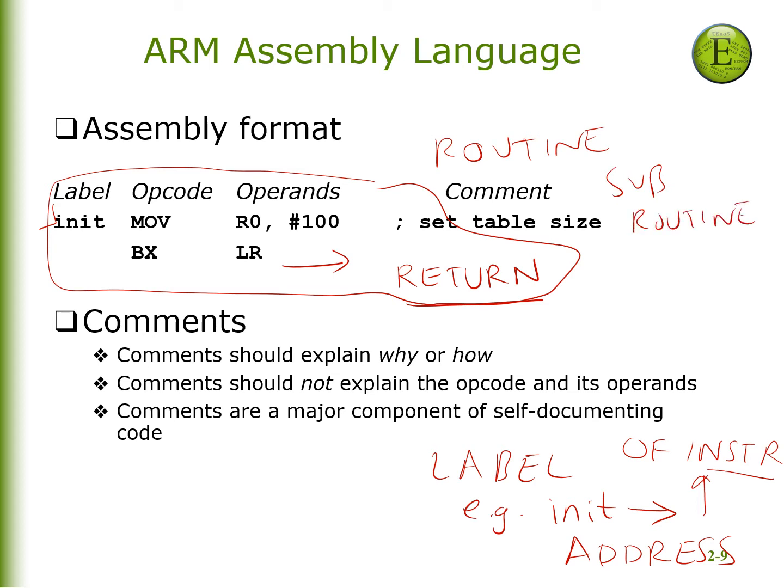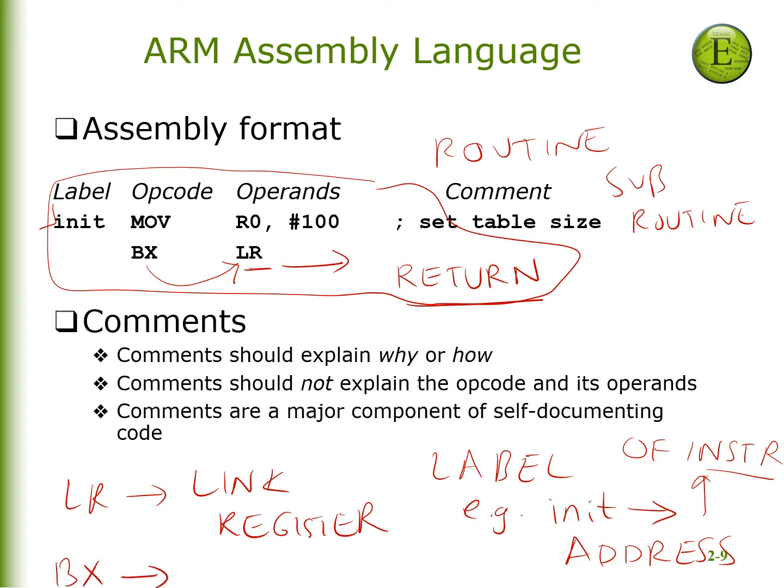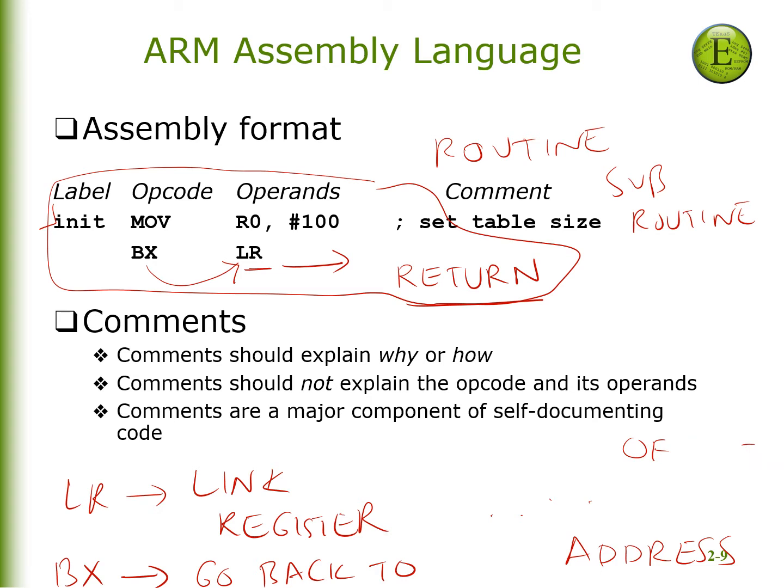BX means branch to go back to the address specified by the link register. So LR is the link register, and BX says go back to the address contained in the link register.